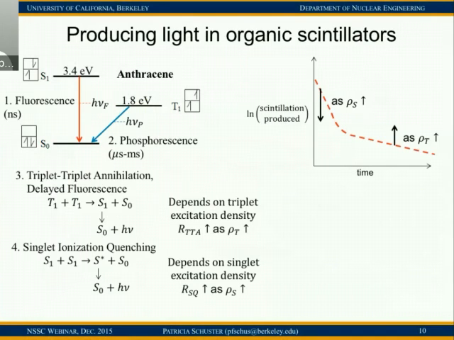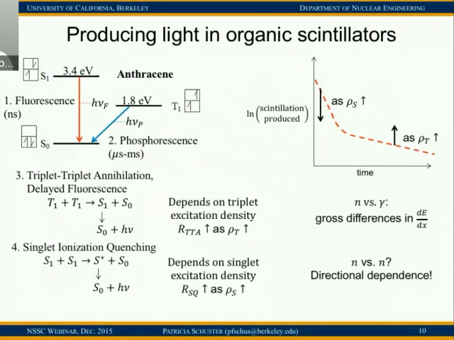If you look at the beginning of the pulse, there's an arrow going down because it brings down the amount of prompt light. So if we consider the differences between neutrons and gamma rays, neutrons produce a much higher dE/dx, so the excitations are closer together. You're going to have more of processes 3 and 4: more delayed light, less prompt light, and so an overall increase in the pulse shape, because the pulse shape is the fraction of light in the delayed region, and you've inflated the delayed light and quenched the prompt light.